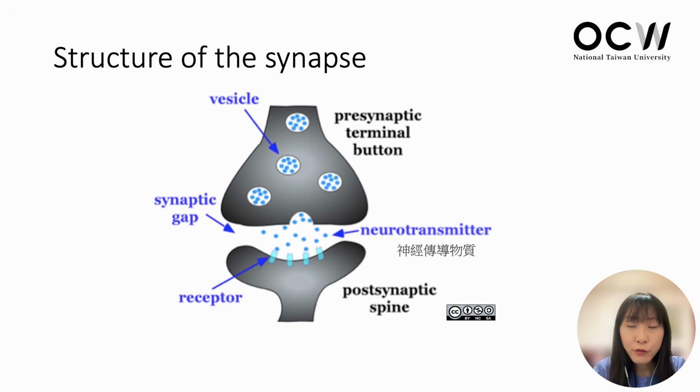They can influence our emotions and mental health, such as dopamine, serotonin, and other types that psychiatric medicines may target. These vesicles are released from the presynaptic terminal buttons and then travel through the synapse and bind to the receptor on the postsynaptic spine.